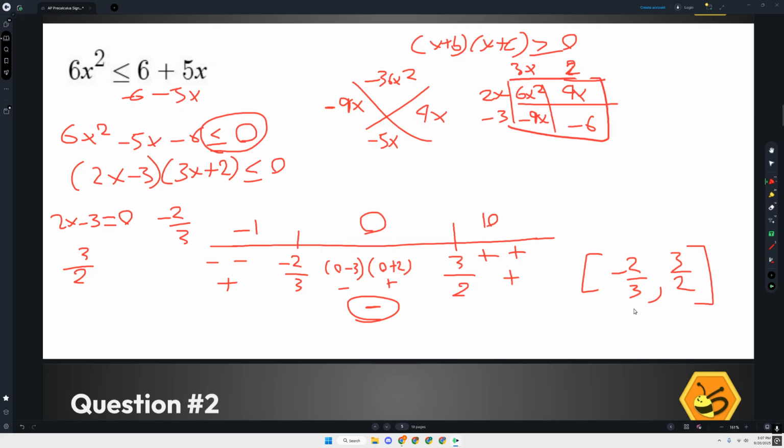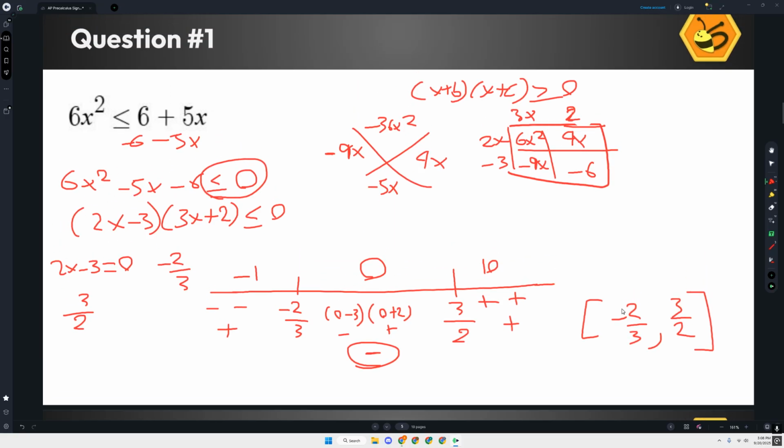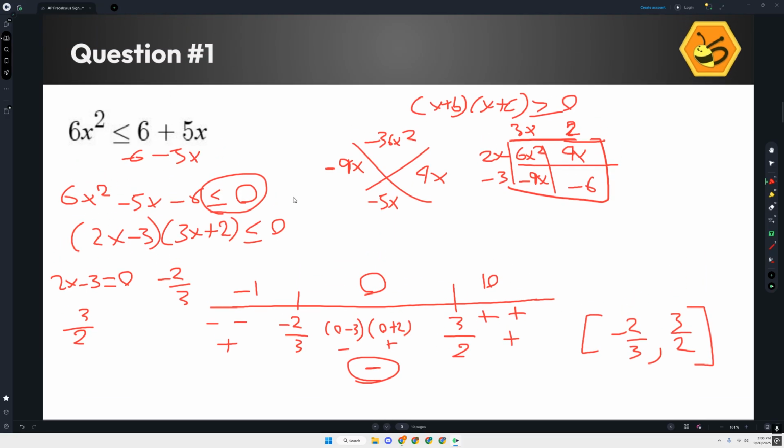Any questions about this? About how you solve sign charts? This is pretty much how you do every question. And yes, you could also use end behavior and degree of roots to find a solution, but there's multiple ways to do this.